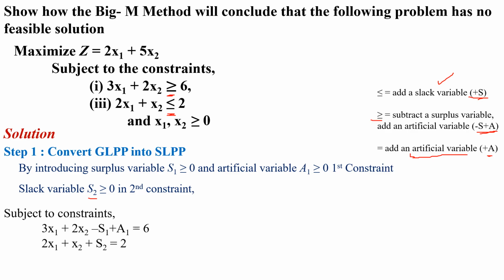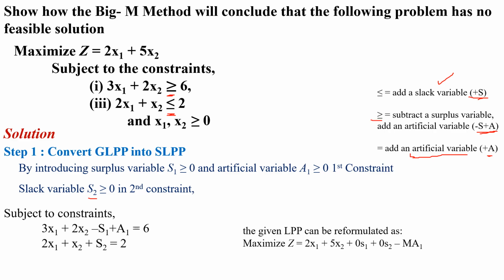Then the given constraints will become 3x1 plus 2x2 minus S1 plus A1 equal to 6, and the second constraint is 2x1 plus x2 plus S2 equal to 2. Moreover, we have to reformulate the objective function in terms of decision variables, slack variables, surplus variables and artificial variables.